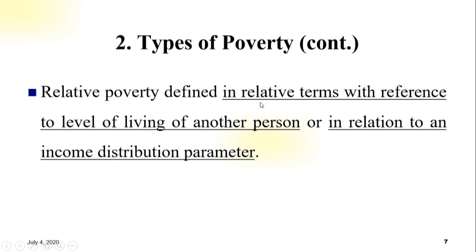The first phrase is relative poverty defined in relative term with reference to level of living of another person. But one more phrase is defined in relation to an income distribution parameter.